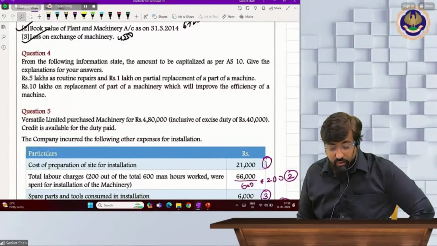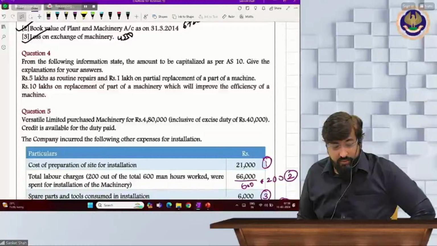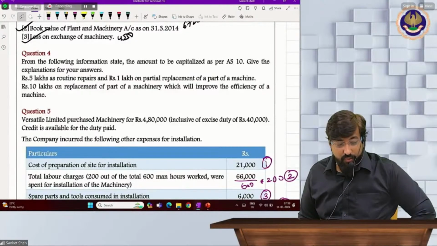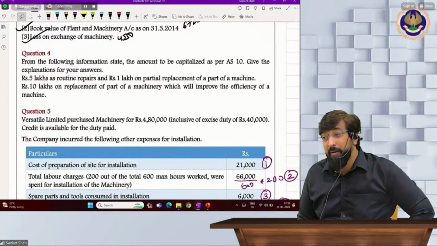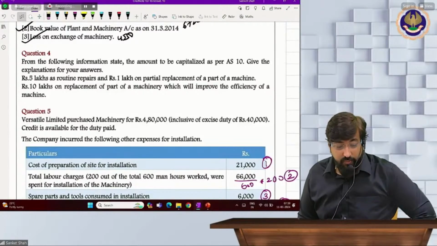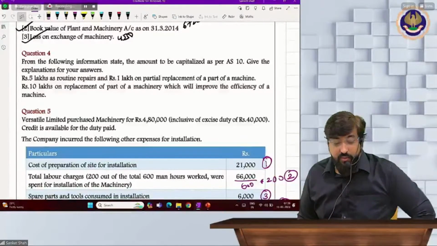Rupees 5 lakhs as routine expenses, and 1 lakh for partial replacement of a part of the machine. If it does not increase the future economic benefit, if it doesn't fit the definition, we are going to exclude it from the cost of the asset.